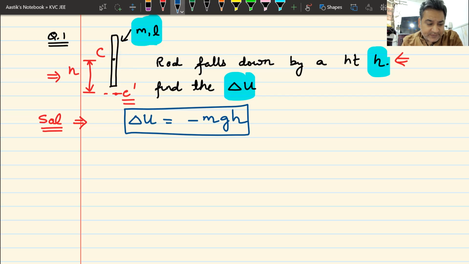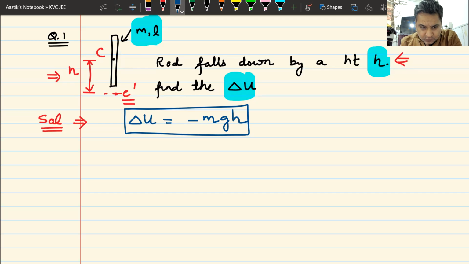You know it from the 7th standard, 6th standard, 5th standard, 4th standard. Someone should know it. Everyone should know it. Why does this rod fall?